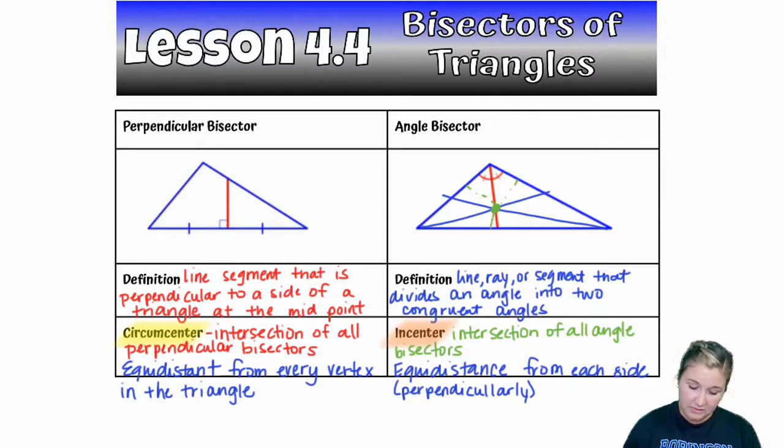All of these green lines should be the same distance. I didn't draw everything to scale since I just sketched it, but all those green lines should be the same distance whenever they make a 90-degree angle with the side from the incenter.